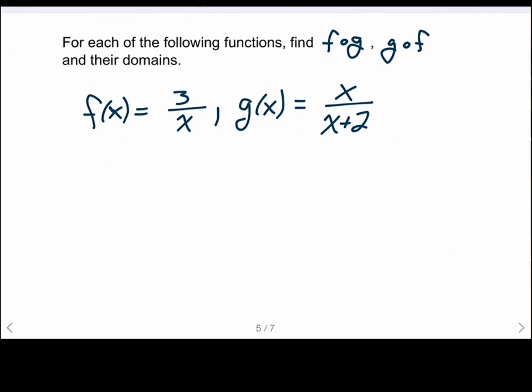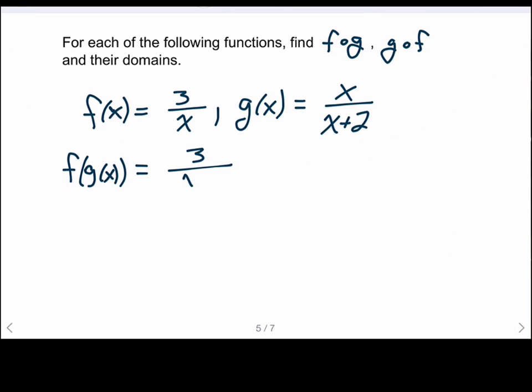The last example of this type is we have f of x is equal to 3 over x, and g of x is equal to x over x plus 2. First, f composed with g, so f of g of x, says that we're going to take the rule for g and put it inside of f. And so 3 over x is f.